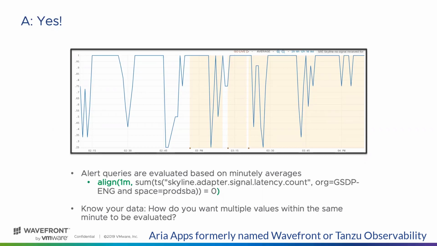The lowest it reached was 0.25, like 1 out of the 4 points that were reported within a minute. And because 0 is false and non-zero values are true, 0.25 meets the condition, even though it's not exactly 1, and therefore the alert fired. Did that make sense, why it happened?